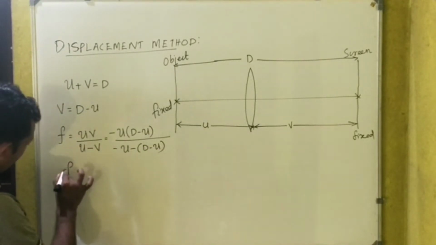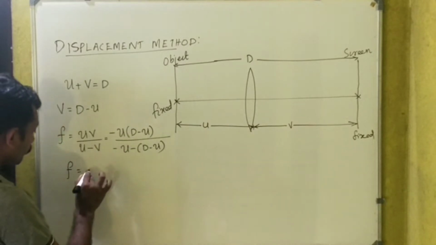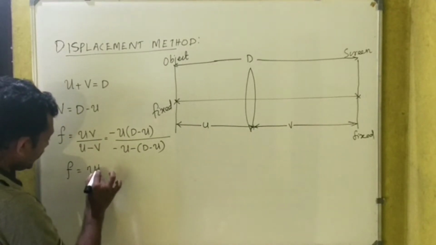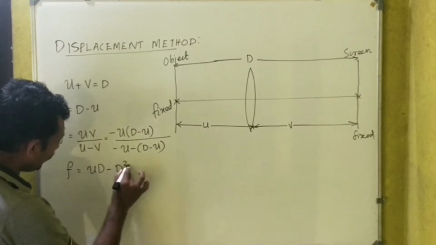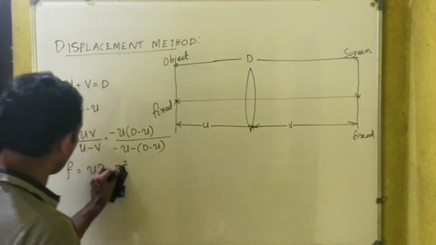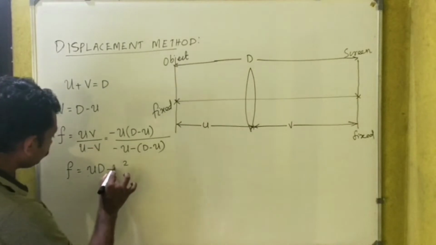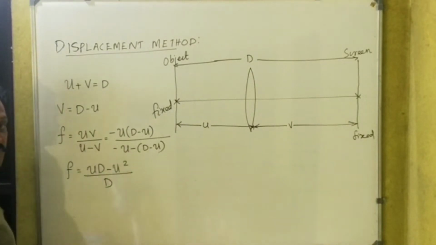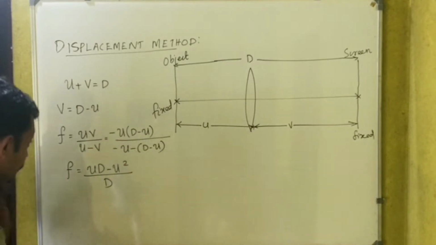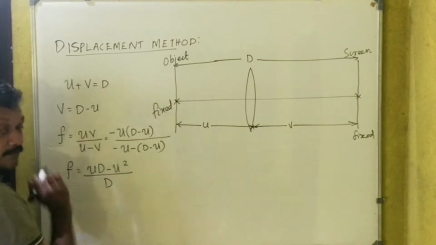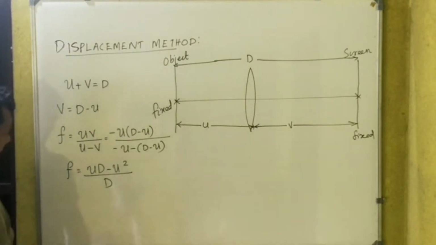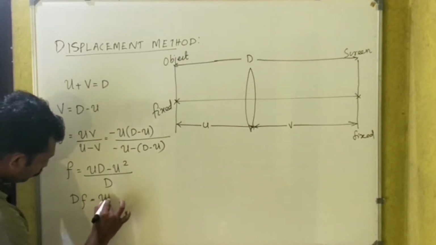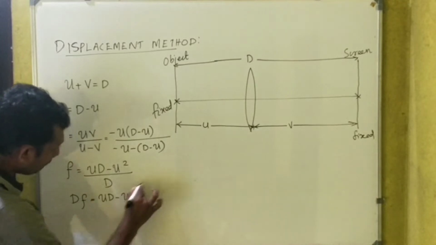So from here you will get f is equal to uD minus u square divided by capital D. I request you to simplify this expression. There is a minus here, minus will be cancelled throughout. Or we get Df is equal to uD minus u square.